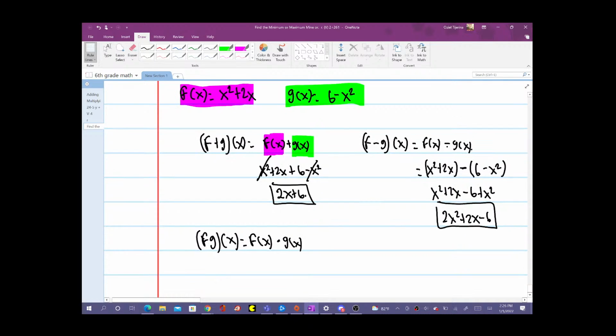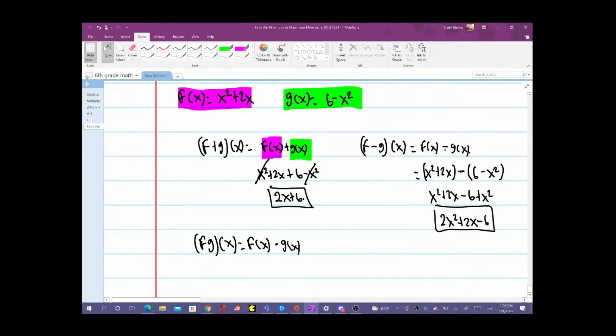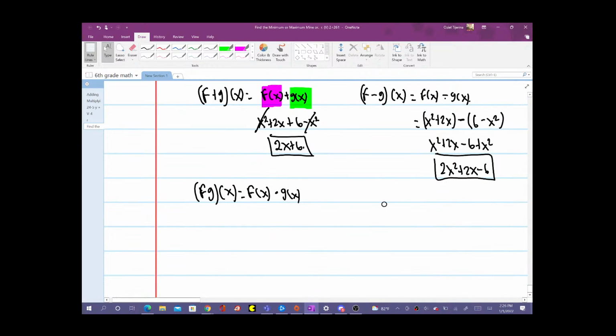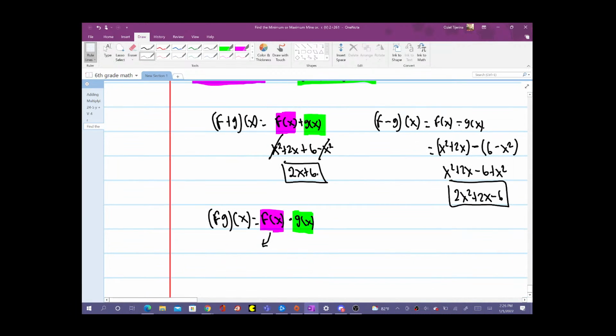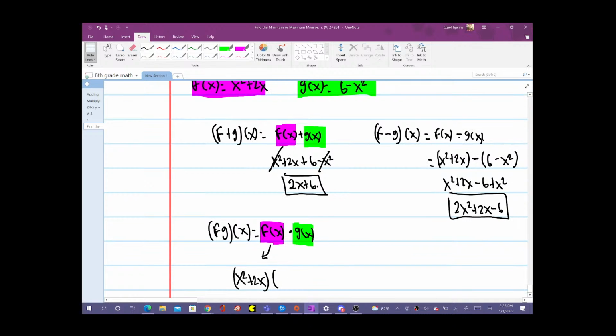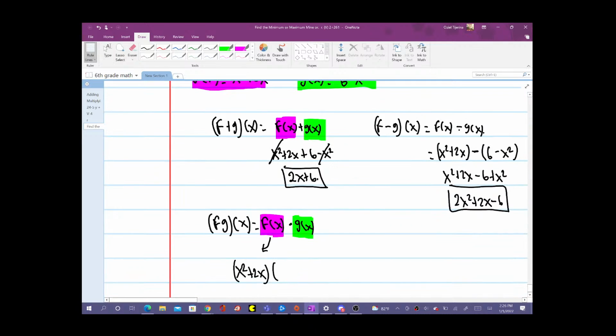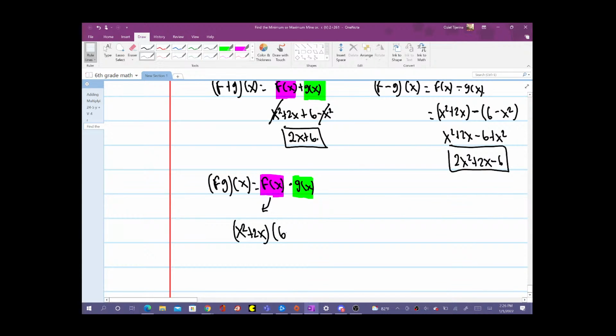So if we actually multiply those, basically we're going to be multiplying f and g, right? So you're going to have x squared plus 2x, and then times 6 minus x squared.